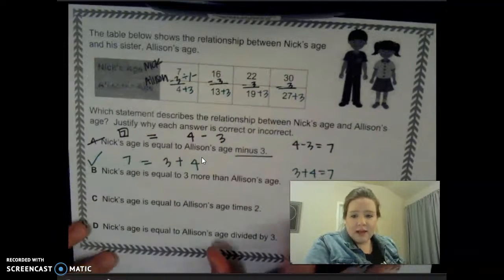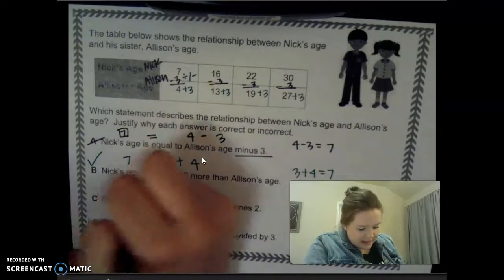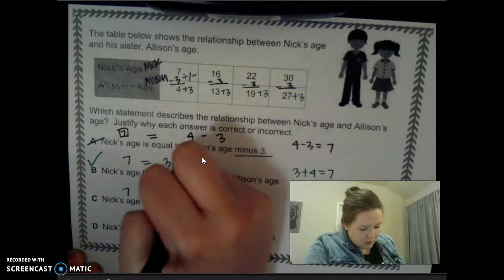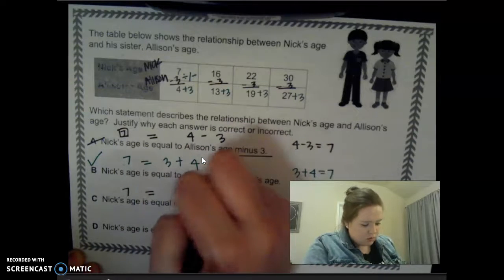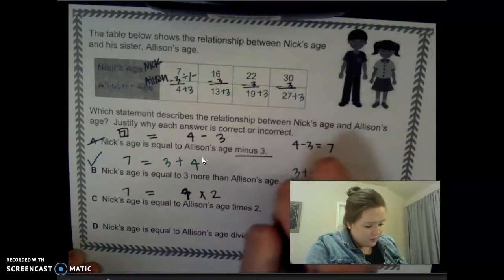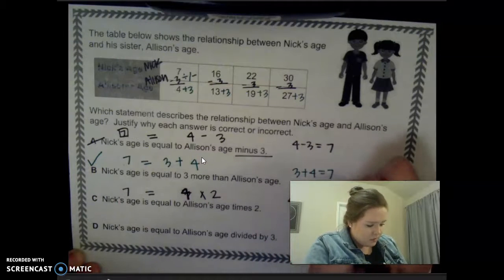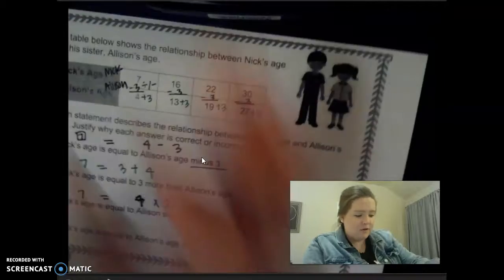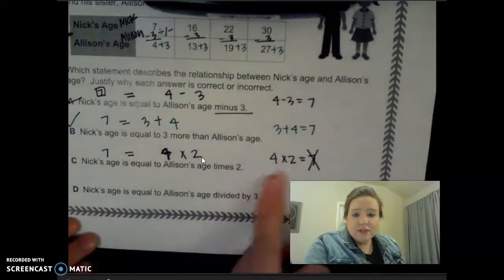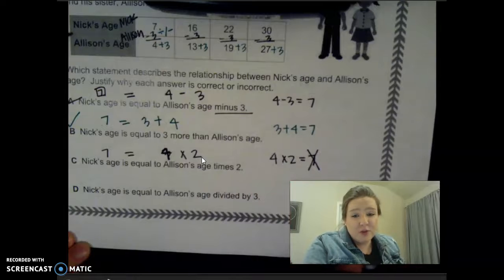Let's keep going. Nick's age is equal to Allison's age times 2. 4 times 2 does not equal 7. 4 times 2, sorry, 4 times 2 does not equal 7. 4 times 2 equals 8.